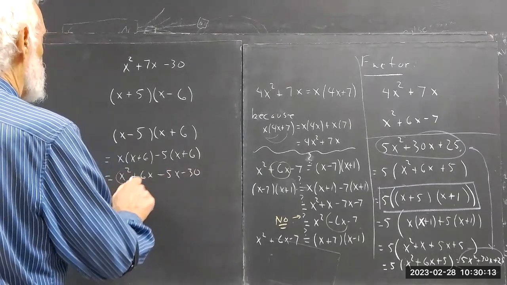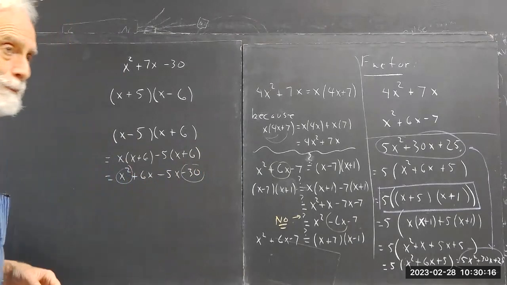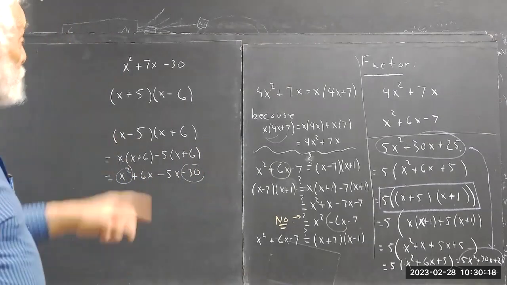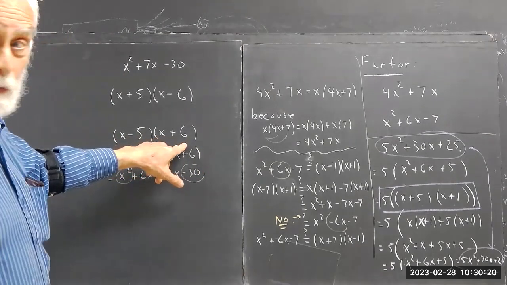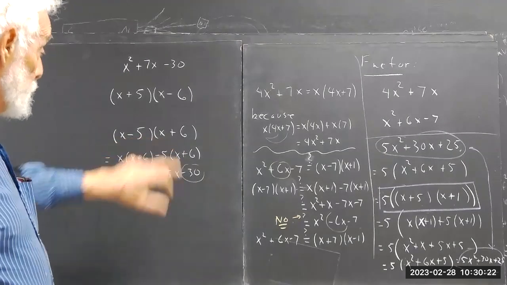You notice we got our x squared and our minus 30. That has to be, if we use two numbers that multiply out to minus 30 here, and just plain old x is here.